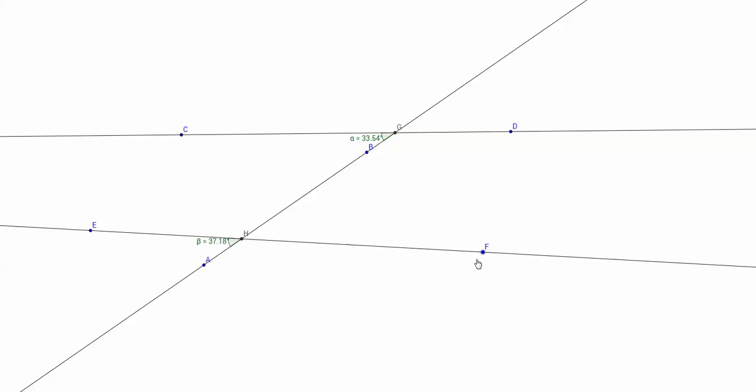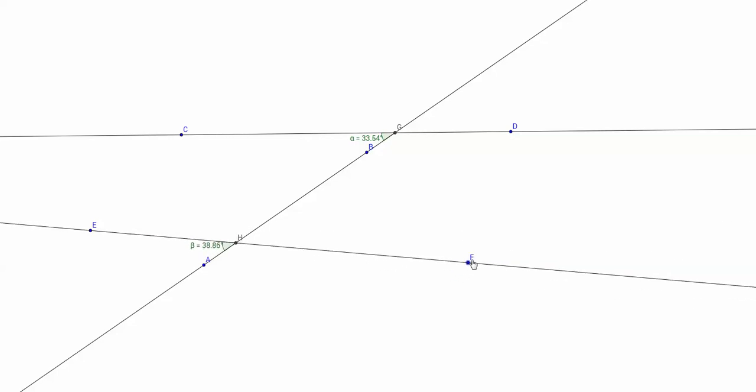So think about that. What situation would have to happen for these two angles to be the same measurement? So right now they're 10 degrees apart about. Well, it has something to do with these two lines and how they look. So right now they're kind of just a couple of lines. But I'm going to move F around a little bit, and I'm going to try and change this angle so that it'll become the same as 33.54.